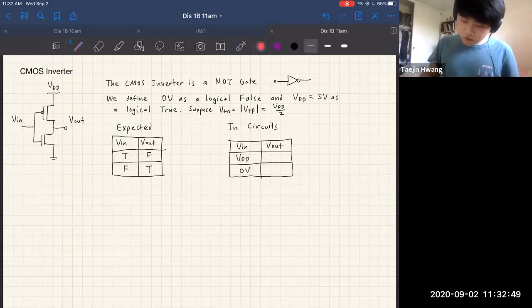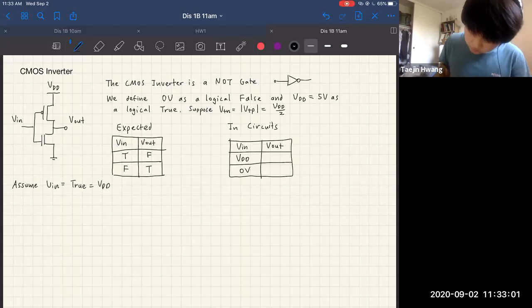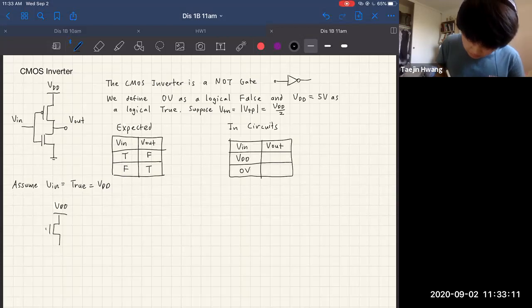So I'm going to do a quick analysis. Let's assume Vin is equal to true, which is equal to VDD. Then if we zoom in just to this PMOS transistor, we would see that we have some gate, drain, and some source.